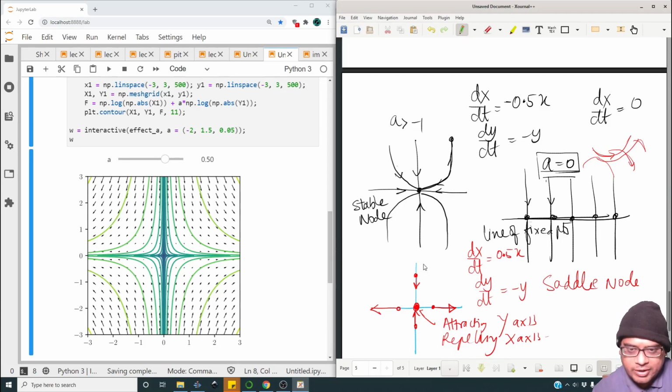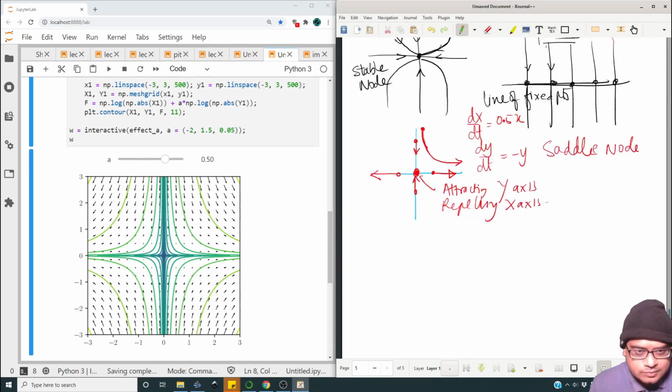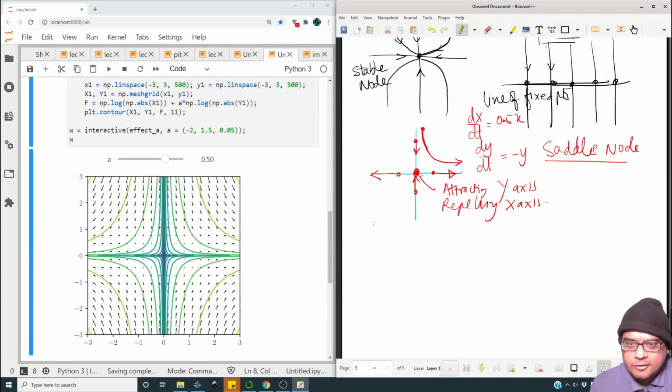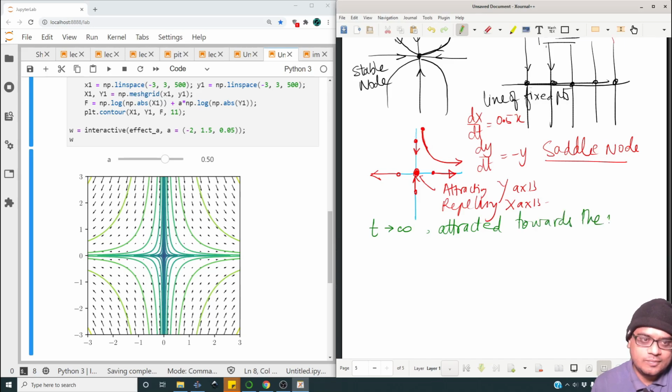Okay, so the points, when they start over here, are attracted in the direction of y towards the origin, and they're repelled like this. So it's called a saddle node, and the important thing is, for t tends to infinity, the point is attracted towards the unstable axis.